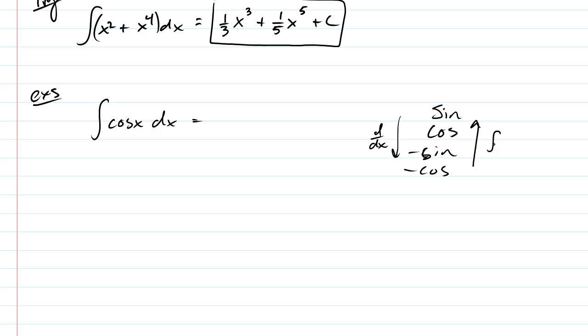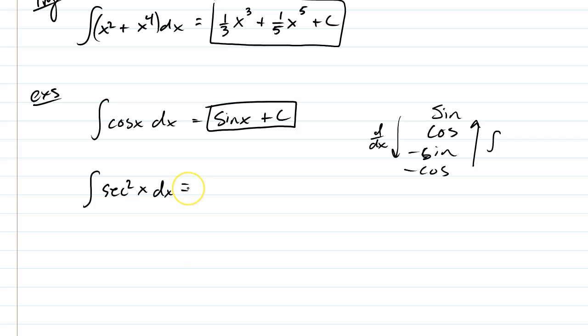So if we are already at cosine and we want to do the antiderivative, we go up to sine of x, and then write a plus c. Okay? And one that you should remember is that secant squared is actually the derivative of tangent of x. So when we do the antiderivative, we would write tangent of x for our answer here.